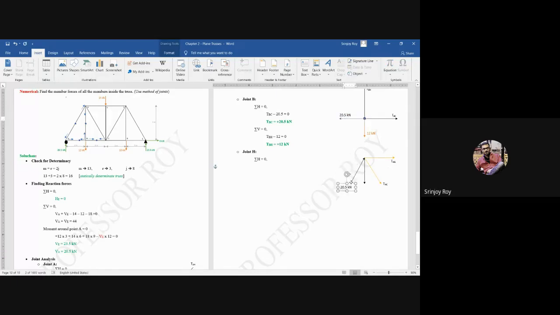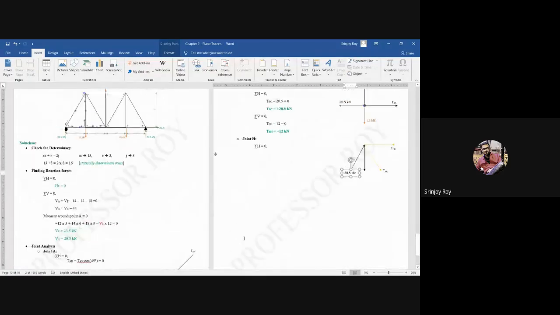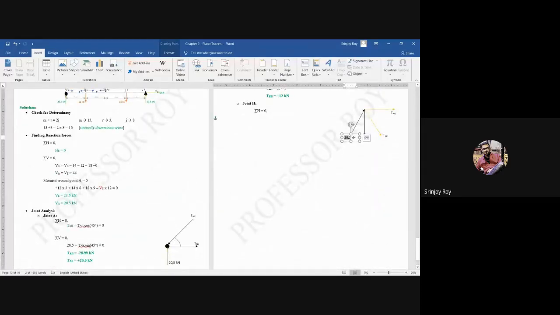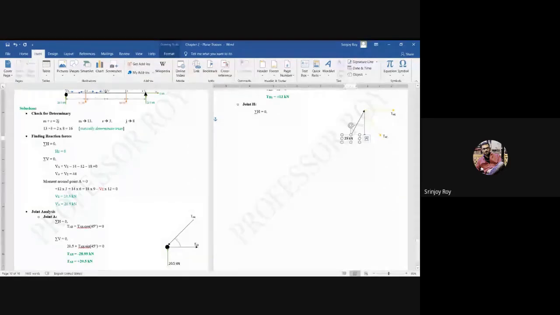What is this force? How much was this force? Force AH. How much is AH? It's 28.99, isn't it? 29 something. Can I consider it as 29, everybody? Okay, sir.